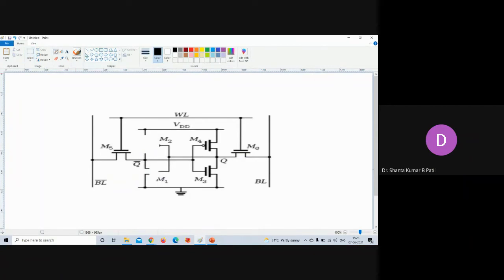Connection is formed between these two points. Whereas these two transistors are receiving the 0 signal, therefore this gets open.